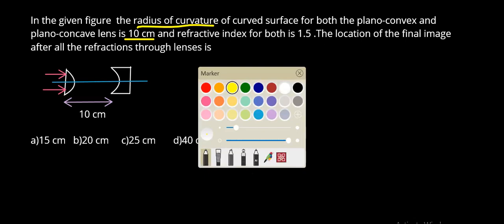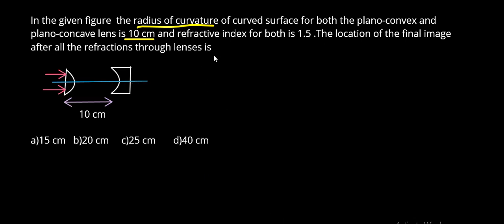The first thing you have to find here is the focal length of the converging lens, the plano-convex lens. We know that the refractive index for both is 1.5, given in the question.